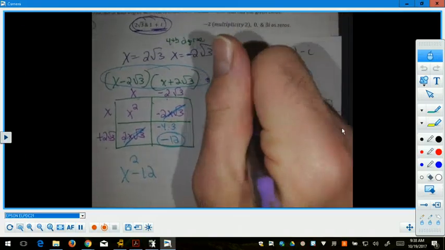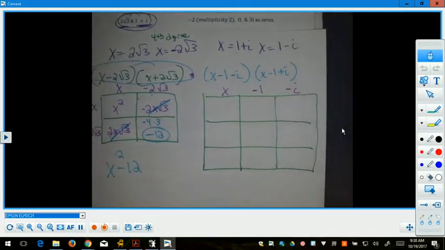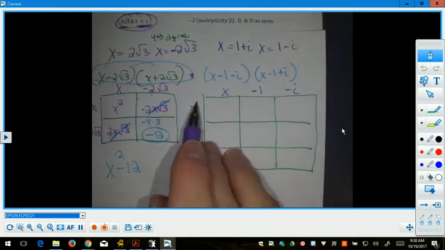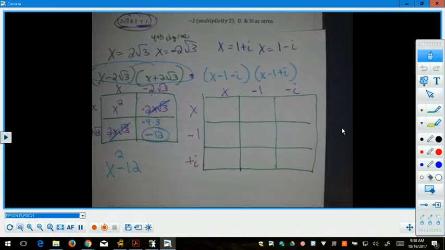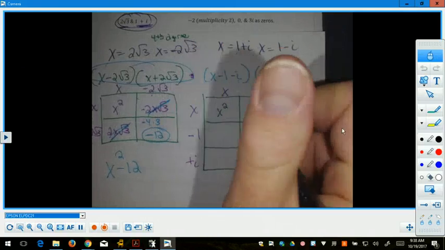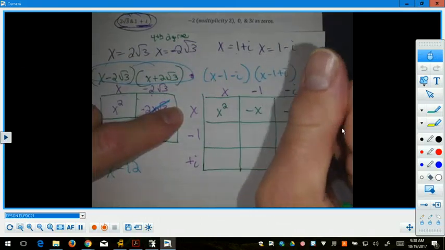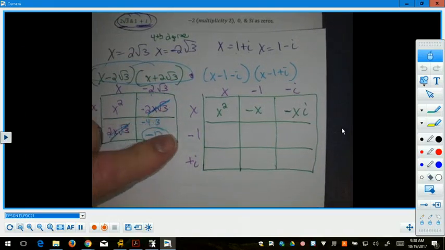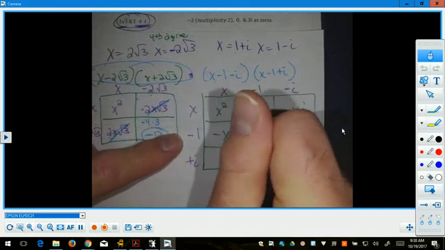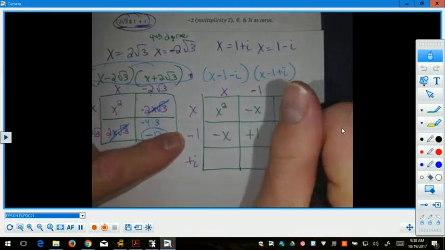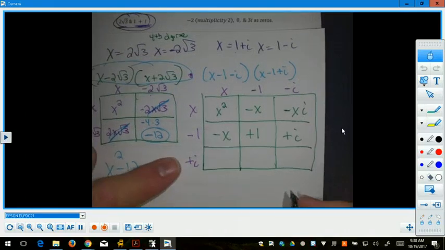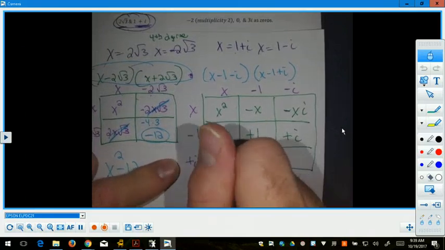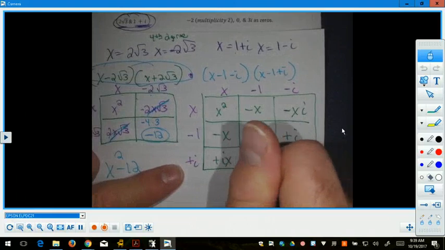For my other one, which is x minus 1 minus i, and x minus 1 plus i, so I put this one down and this one across, I would get x squared minus x minus xi, or ix, it should probably be ix, I don't care, minus x plus 1, negative 1 times negative i is positive i, plus ix minus i.